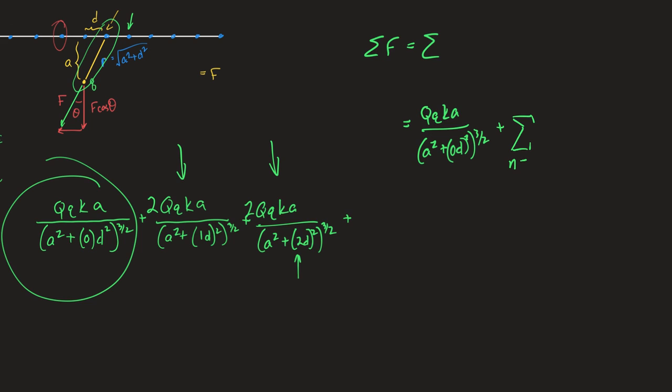And I'm going to start at n equals 1 because that's the first one that has to be doubled. And in there, I'm going to have my expression, 2QQKA all over a squared plus nd squared to the 3/2.